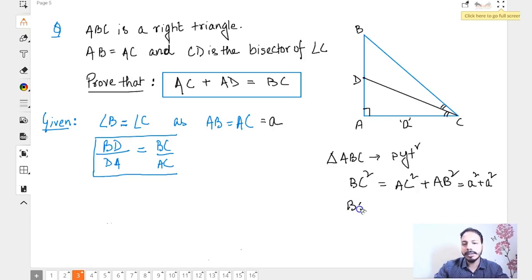That means BC square is equal to 2 times A square, or in other words, BC is equal to root 2 A. I'll be using this relationship.